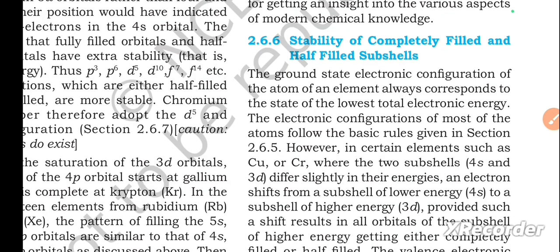Next, stability of completely filled and half-filled subshells. The ground state electronic configuration of the atom of an element always corresponds to the state of the lowest total electronic energy. The electronic configuration of most of the atoms follows the basic rules given in section 2.6.5.